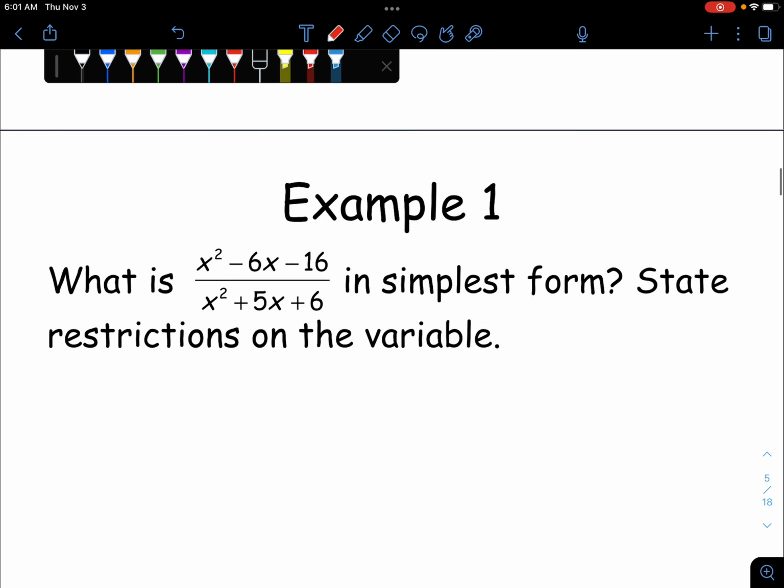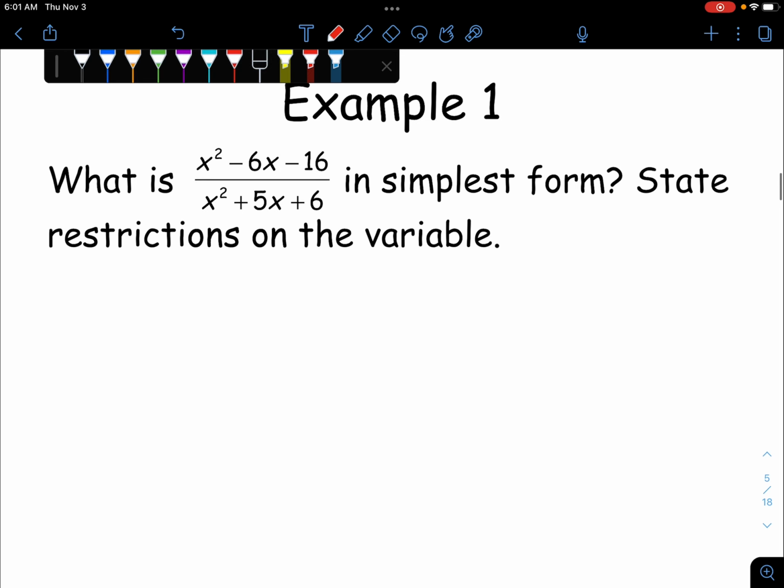Okay, let's move on to my first example. You guys practiced factoring because a lot of these rational expressions are about factoring. So let's read the question. What is this in simplest form? State restrictions on the variable. First of all, it wants us to do simplest form.